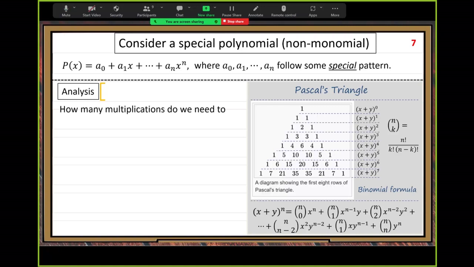Everywhere you have that property. That's the way we define Pascal's triangle.